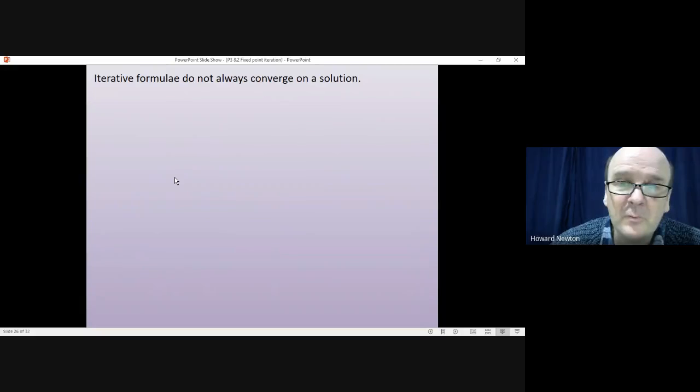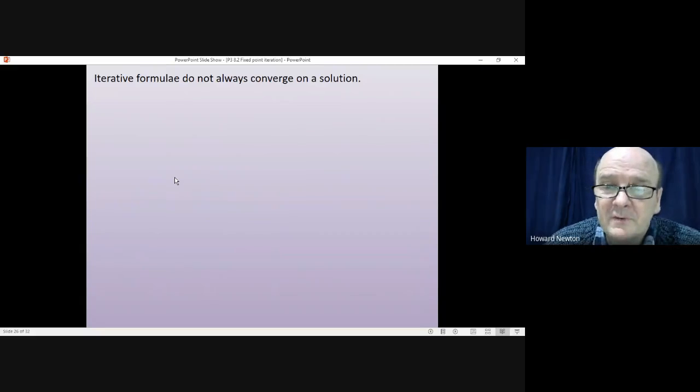Now, iterative formulae do not always converge on the solution, like those 2 cases did with the cobweb diagram and a staircase diagram. It is possible that the iterative formula won't work and that it'll diverge away from a solution.